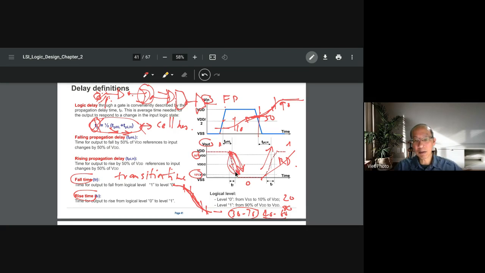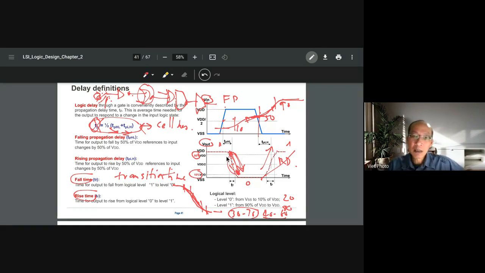TPHL is called the falling delay time, and this one is the rising delay time. The fall time, TF, is the falling transition time, and the rise time, TR, is the rising transition time. That's why they have to design so these two are as balanced as possible.